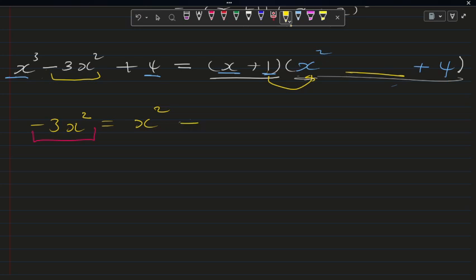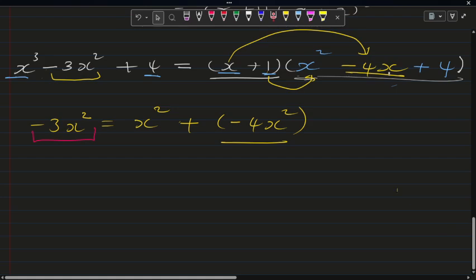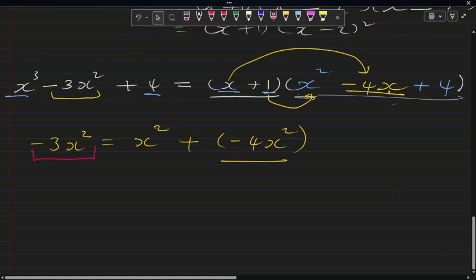So this means that I am still short of a negative 4x squared in order for me to obtain this negative 3x squared. Now how will I get this negative 4x squared? This negative 4x squared will only be obtained if x is being multiplied with negative 4x.